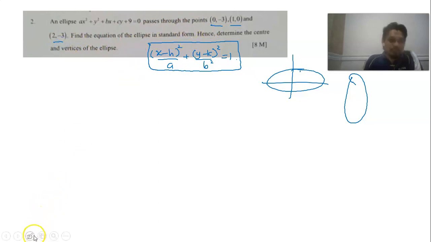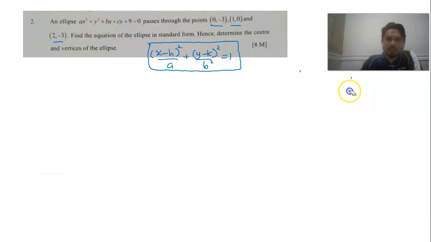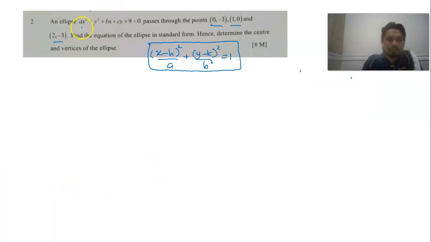The best thing we can do here is substitute all three coordinates into the equation and find the values of a, b, and c. So ax squared plus y squared plus bx plus cy plus 9 equals 0.